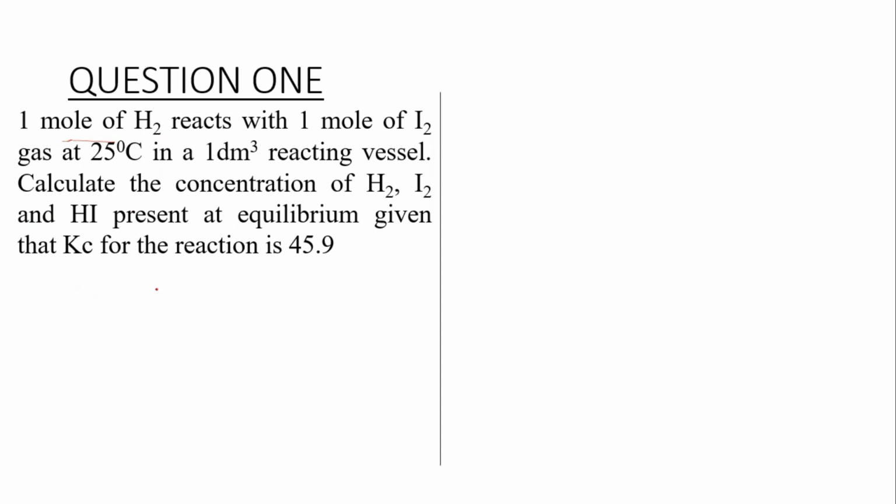All right, so what you do is that you first write the equation of reaction. So we have hydrogen gas reacting with iodine gas to produce hydrogen iodide. Now you have to write the initial mole, then you write the mole at equilibrium.